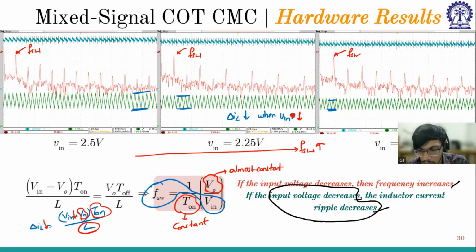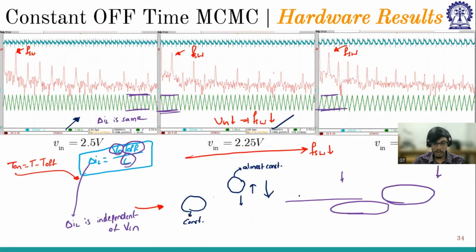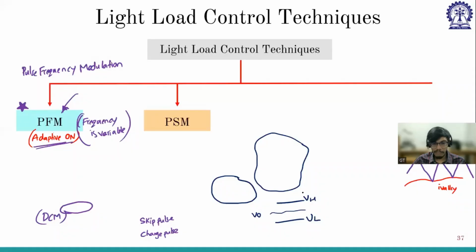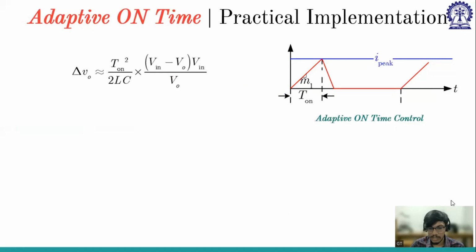Say the inductor current ripple needs to be fixed. Then what they do in the adaptive control technique is fix the peak. As you can see here, whenever the inductor current starts from 0 because it is DCM, it keeps increasing until it hits the peak. Then it will be turned off to 0, and then again it will start. So here I peak is constant. T on they are adapting.